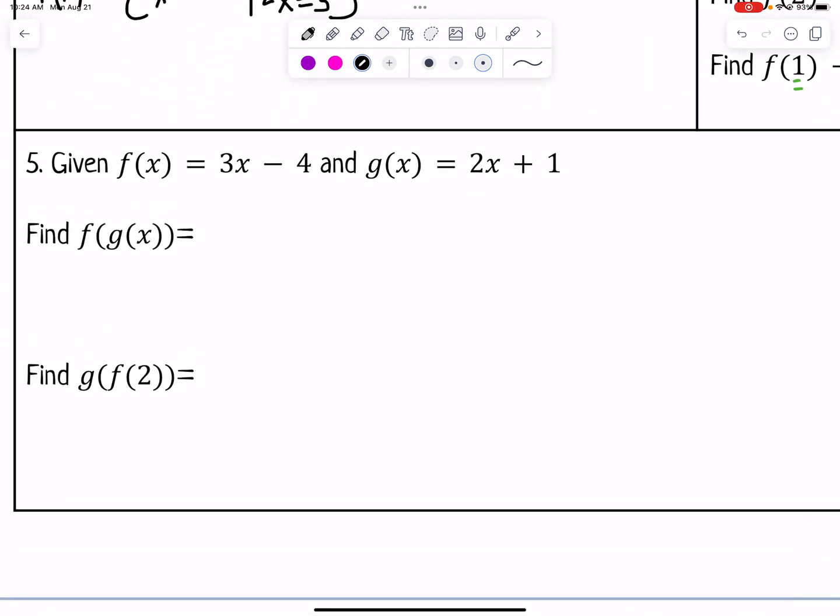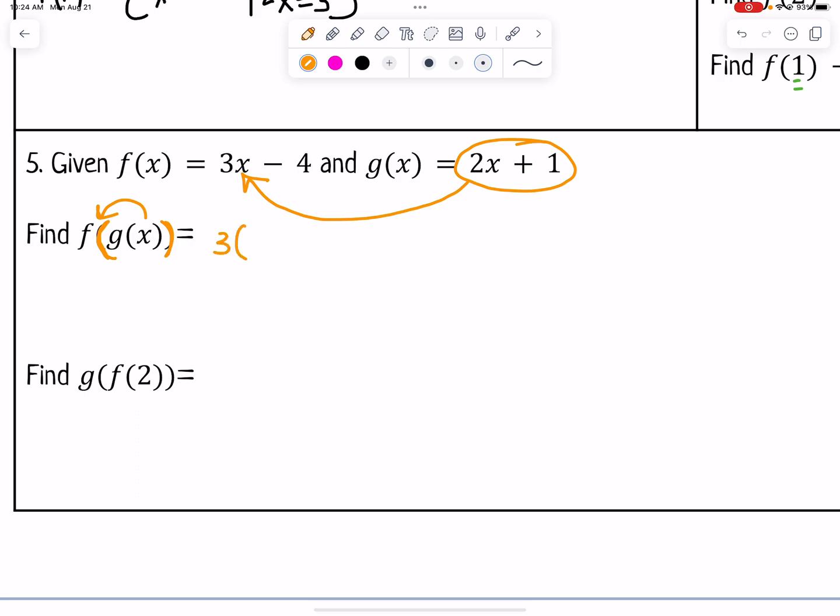Number 5 says given f of x is 3x minus 4 and g of x is 2x plus 1, find f of g of x. And so on this one, you want to plug in one function into the other. So I'm going to plug in g of x for the x value in f of x. So I'm going to substitute 2x plus 1 for the x in f of x.